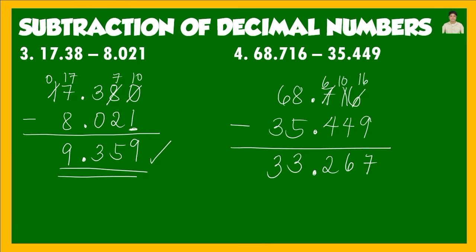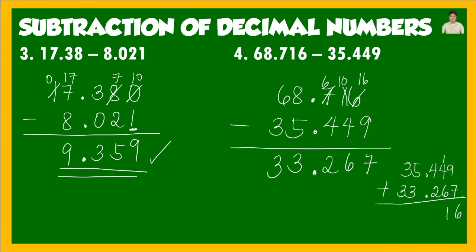Add natin dito. Kailangan makuha nating sagot is yung value ng minuend. 35 and 449 thousandths plus 33 and 267 thousandths. 4 plus 9, we have 16. So, we'll write 6 and then carry 1. 4 plus 6, 10 plus 1, 11.